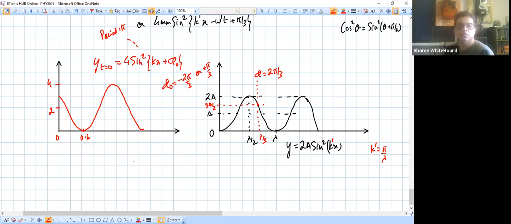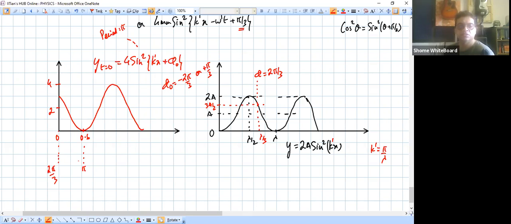Okay. And now as far as your k prime is concerned, so that will come from this. The phase at this point is 2 pi by 3. And the phase at this point is pi.